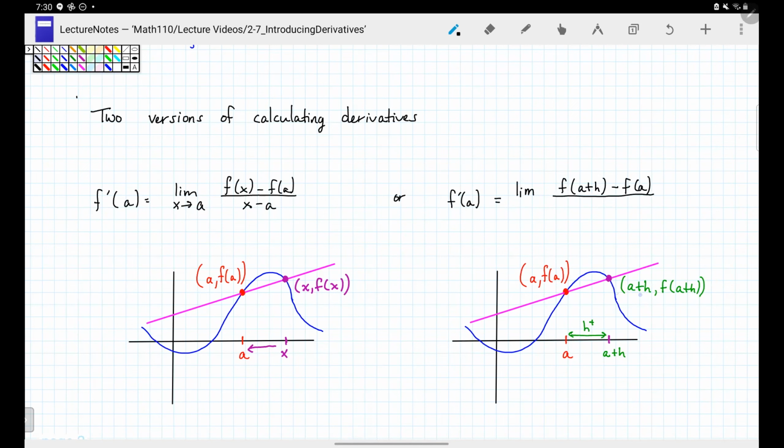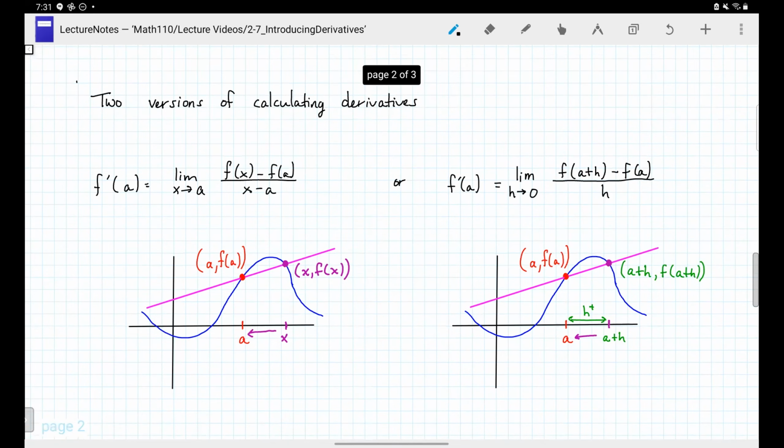That's a plus h minus a, which is h, which should make sense because I chose h to be that little difference of x values. And if I'm thinking about sending a plus h to a, that is the same thing as taking a limit as h approaches 0. Moving that input a plus h towards a is the same thing as moving h towards 0.